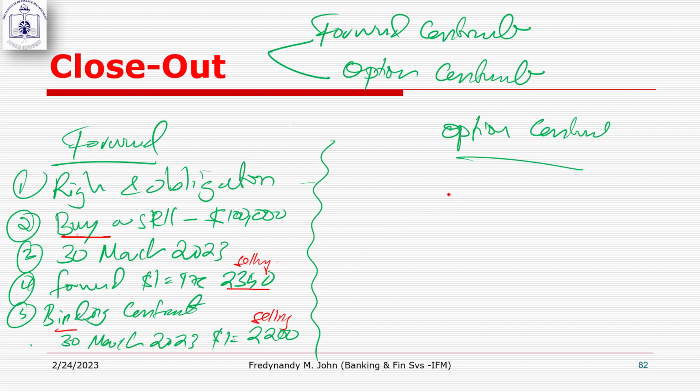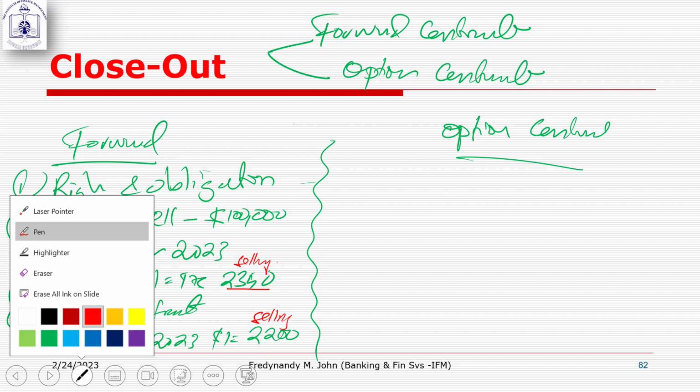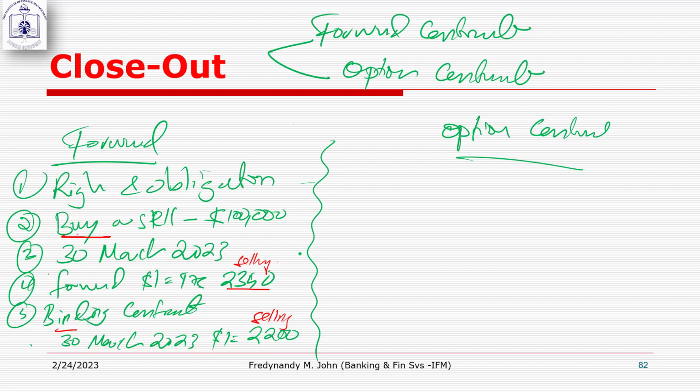Now, with the option contract, it's different. Why is it different? The option contract provides the buyer, the customer, right with no obligation.